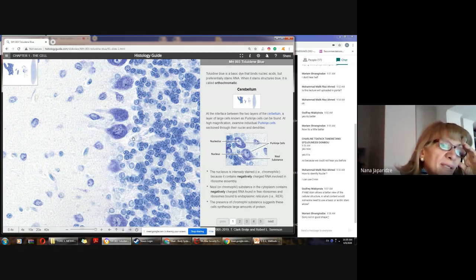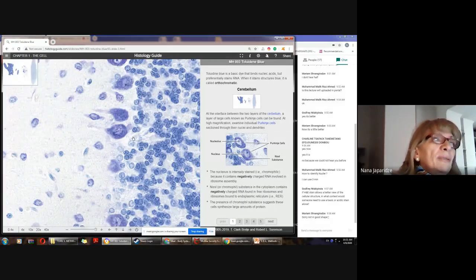Using the silver staining, we can see the fine processes of neurons, I mean dendrites, axons, which arise from the cell body and undergo branching and give a very unusual profile to the whole cell. I will show you this type of staining later.